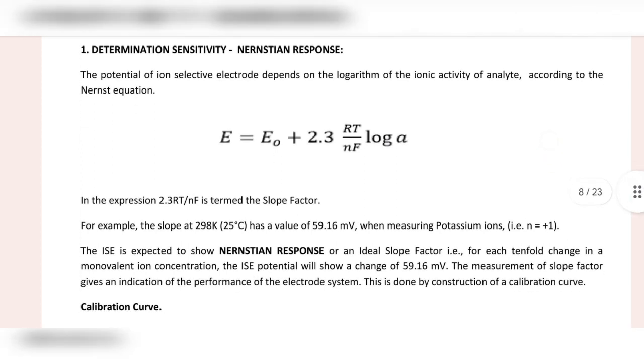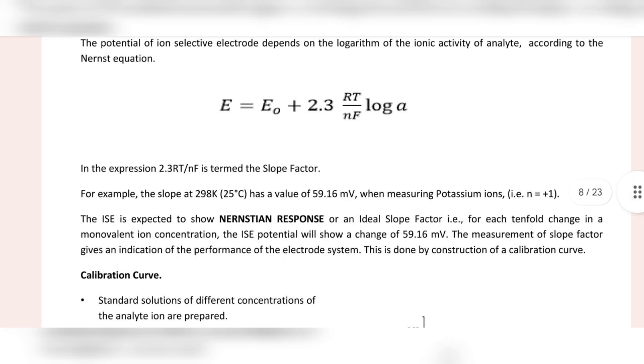For example, at 25 degrees Celsius, that is 298 Kelvin, for potassium ions, in which N is equal to 1, if we substitute all the values for R, T, N, F, then we will get the slope factor as 59.16 millivolt.